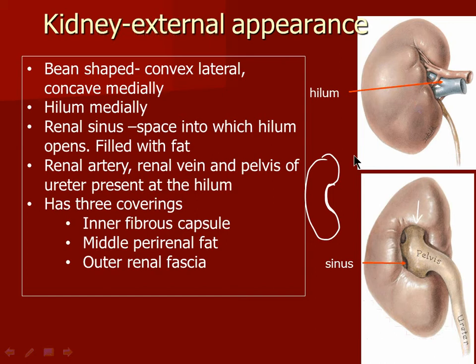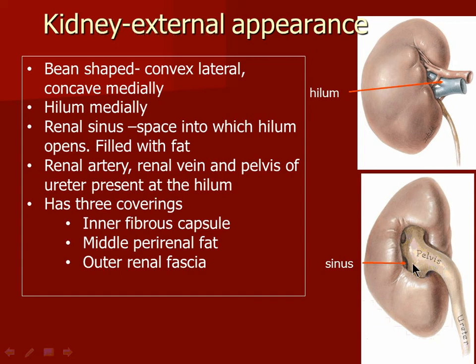And three main structures are present at the hilum. This was true even in the respiratory system, when we did the lung. You had a vein, an artery, the pulmonary vein and pulmonary artery, and you had a bronchus, a third structure. So here, because it's the kidney, you have the renal vein, the renal artery, and the ureter, and this is a part of the ureter known as the pelvis of the ureter.